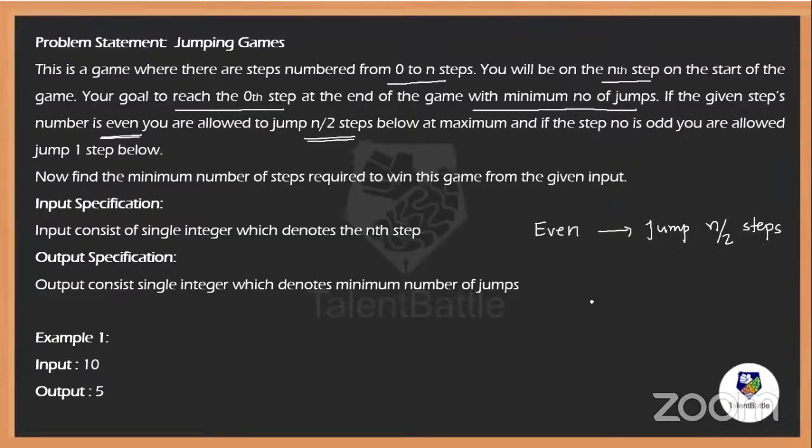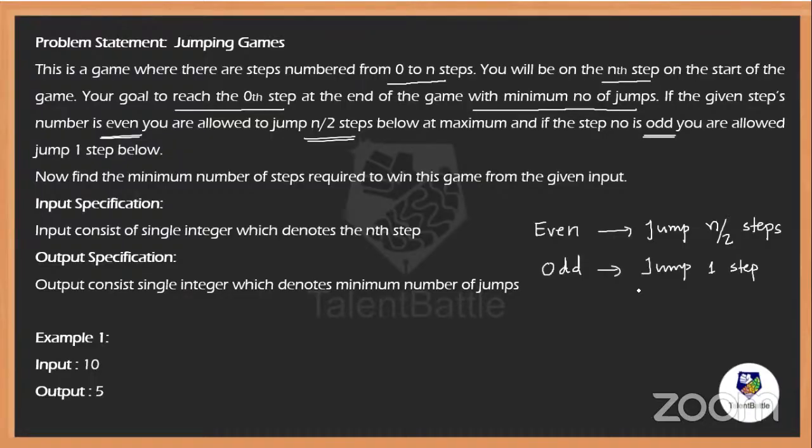This is how you have to analyze things. Below at maximum, and if the step number is odd, then you are allowed to jump 1 step below. Means jump 1 step below, because you're already present at the maximum value and you're coming back.